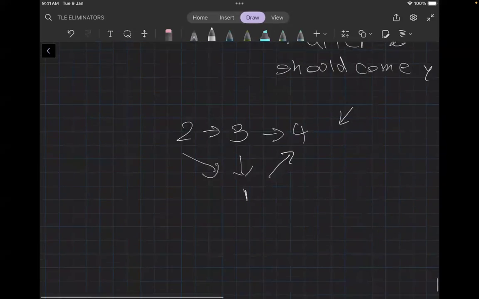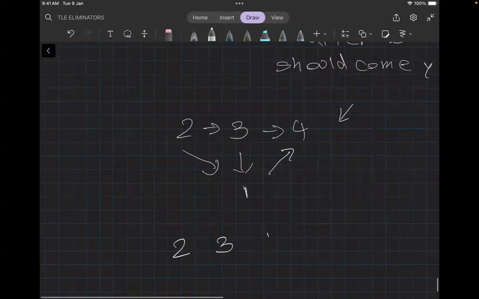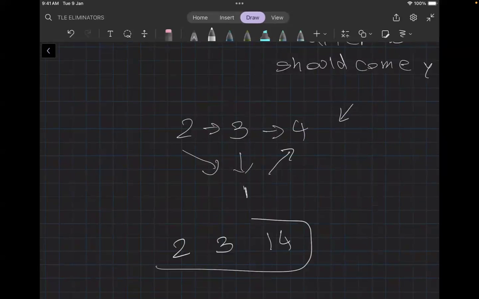So if we look at 2, 3, 1, 4, is 2 coming after 1? Yes, because 2 is the first element, 1 is the third element. Is 3 coming after 2? Yes. Is 4 coming after 3? Yes. Is 4 coming after 1? Yes. So if you look at this array, it satisfies all the conditions.